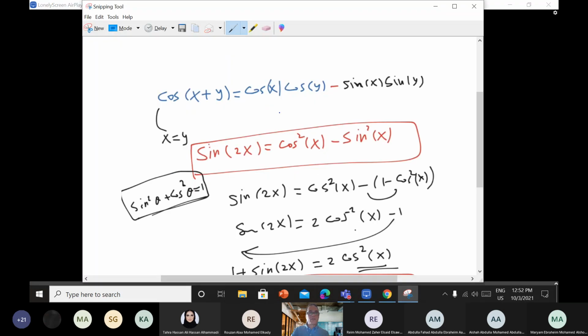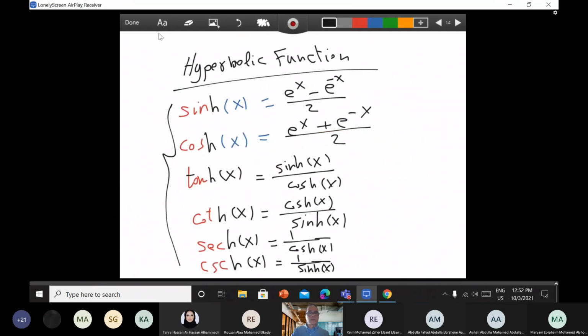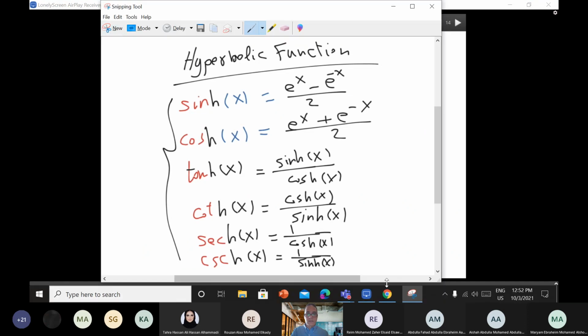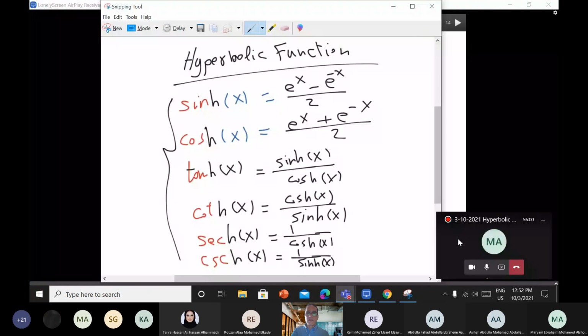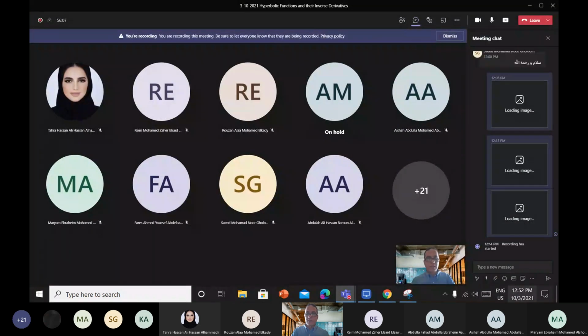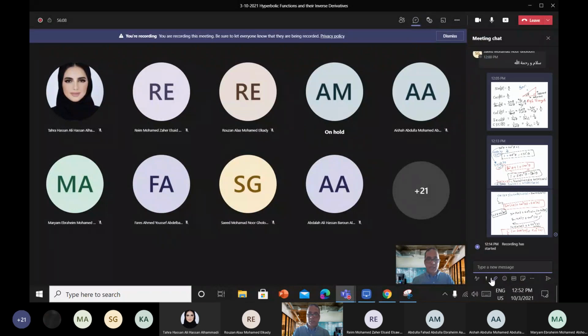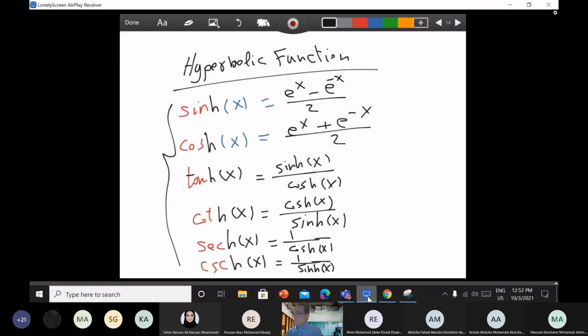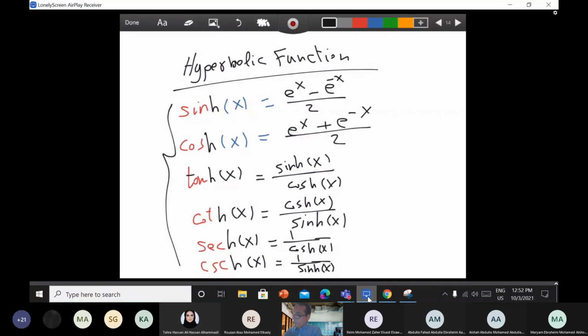Let's have a screenshot for you. So you can substitute using the basic sinh and cosh, and you can find the tangent, cotangent, secant, everything, right? Now we can use this to prove some basics.